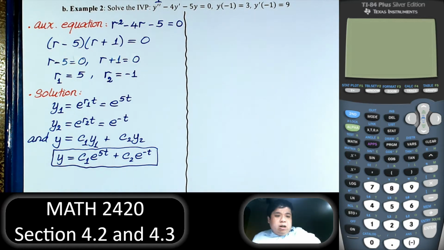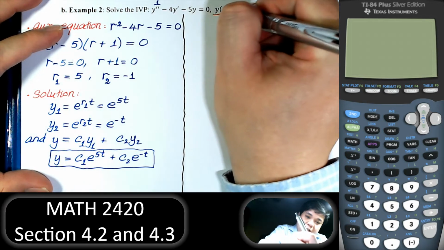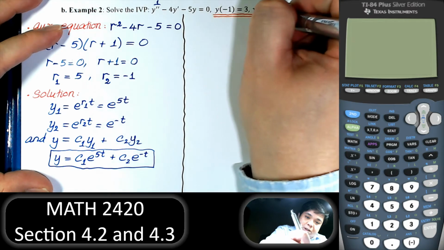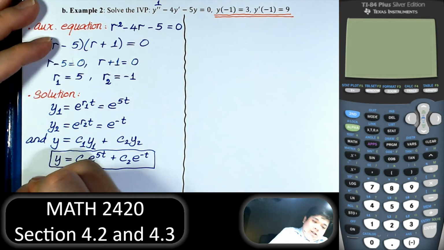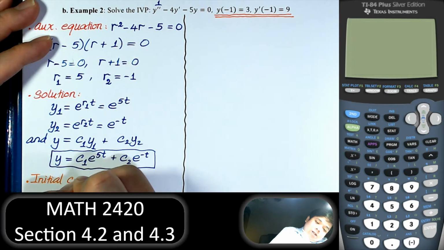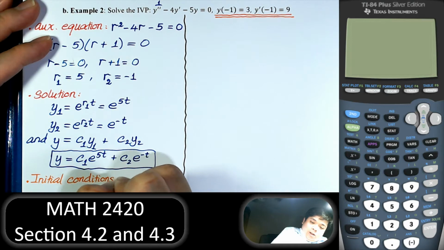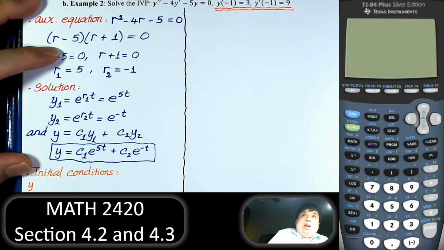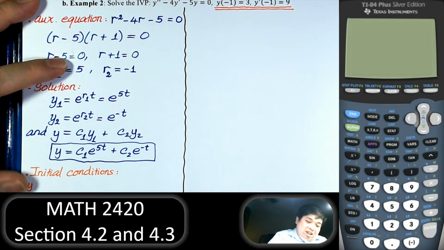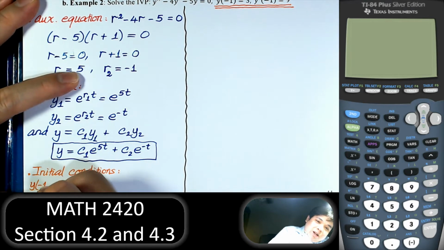Right. But in this case we have the initial condition. So first, the initial condition. This will be easier if one of them is 0, but this is not. y of -1 equal to 3.